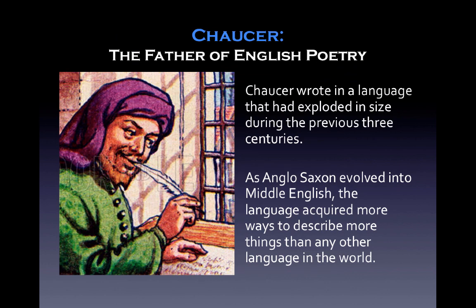So when we acknowledge the literary genius of Chaucer, we must keep in mind that he was an immensely skilled and educated person, but that he's also writing at exactly the time that the language is exploding in size. That doesn't mean that he uses more words, but rather that he has more words to choose from than anyone who came before him. Simply put, Chaucer was writing in the largest and most vibrant language in the medieval world.